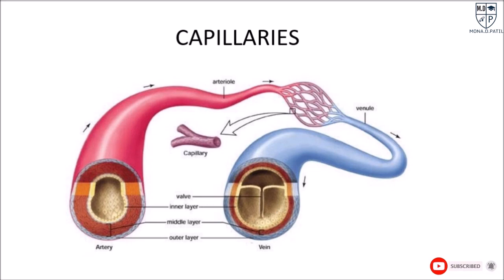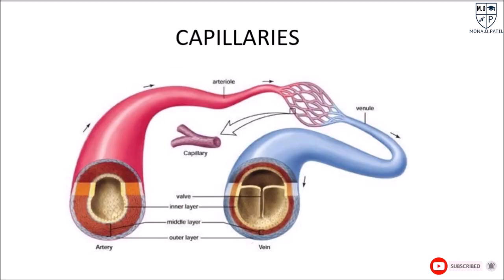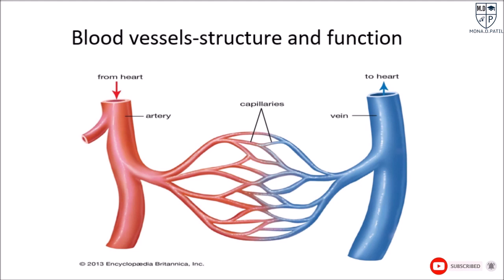Next, capillaries. Arteries gradually branch out with a decrease in their diameter. In this diagram you can see the capillaries, which spread in the body and finally form fine hair-like vessels called capillaries. The walls of capillaries are extremely thin and made up of a single layer of cells.